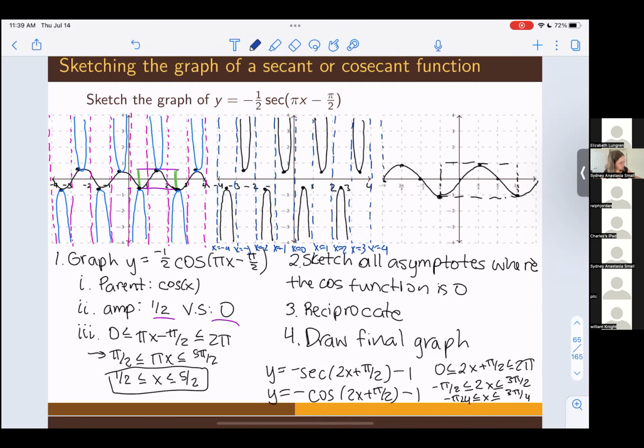So I can just sketch those in now, like that. And the other key point is that at the peaks and troughs, i.e. the local minima or local maxima of the cosine graph, that is where we're going to have these little parabola-like shapes come down, touch, and go back up.